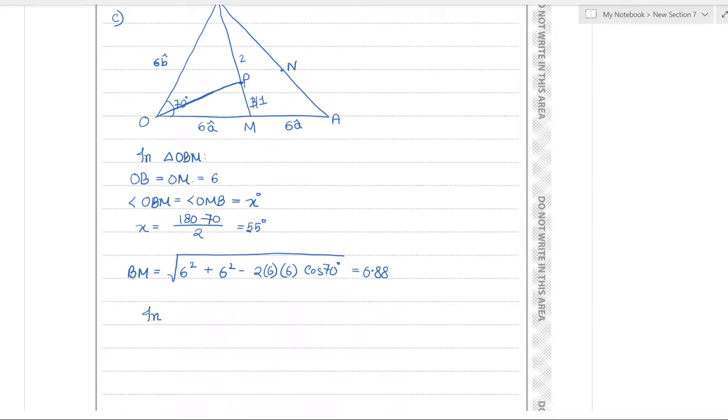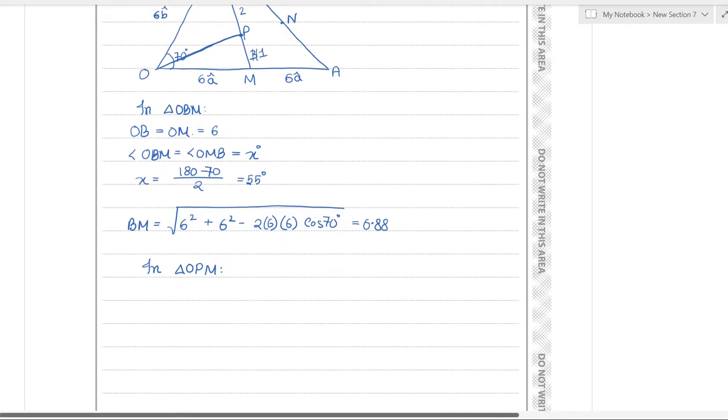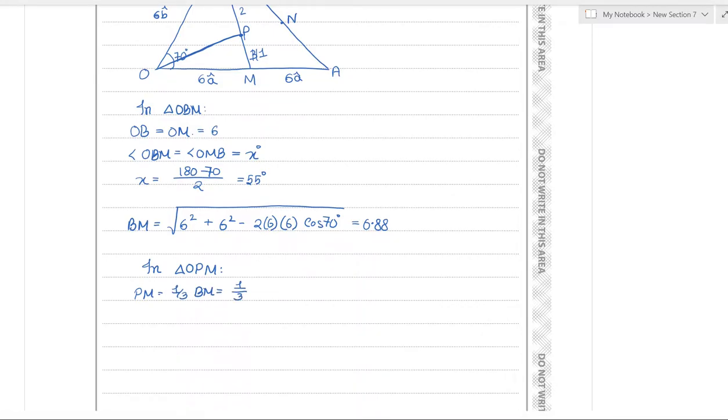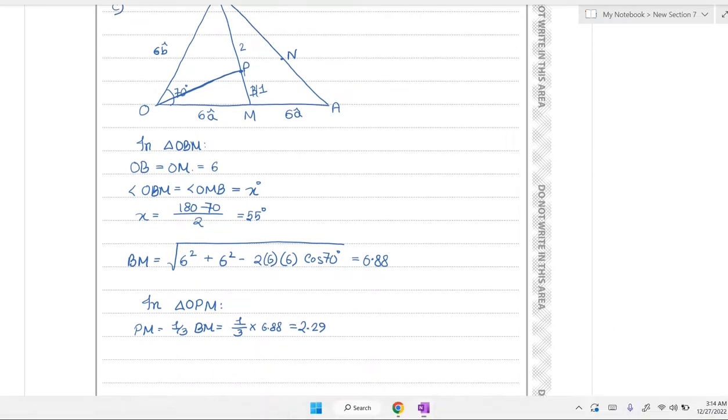In triangle OPM, OM is 6 and we need to find the value for PM. PM is basically 1/3 of BM. So PM is 1/3 into 6.88, and you get the value 2.29.